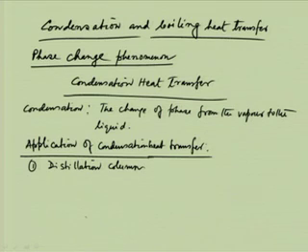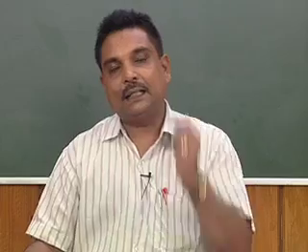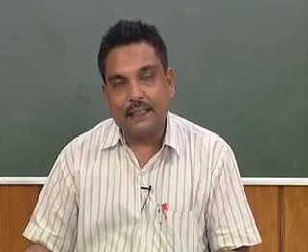The distillation column is used for a mass transfer operation, the separation of components from a liquid. The mixture of components is there in a liquid, and this can be separated with the help of distillation. At the top, some vapor comes out, and there is a condenser placed at the top.